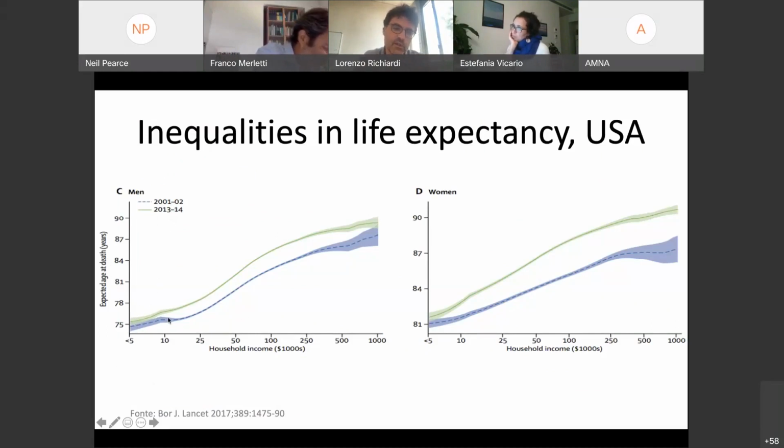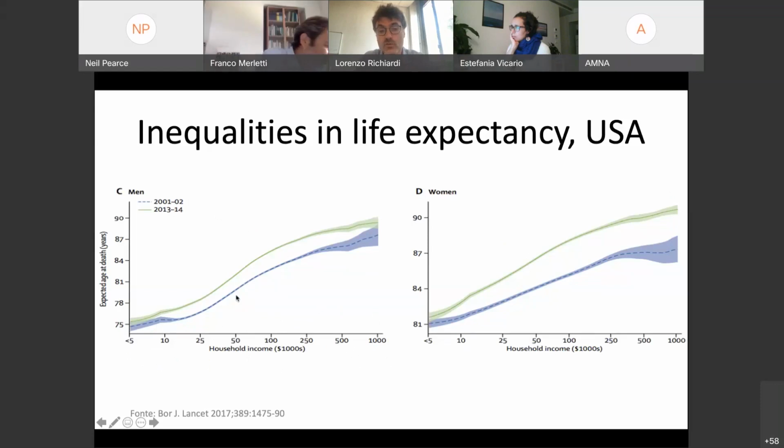As you can see, there has been an improvement throughout the range of income. Here you have low income households, and here you have high income households. But the improvement has been larger for the high income households. This is evident for men, but especially evident for women, in whom there has been a larger improvement here at high incomes than here at low incomes.